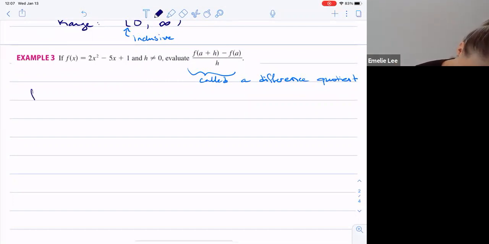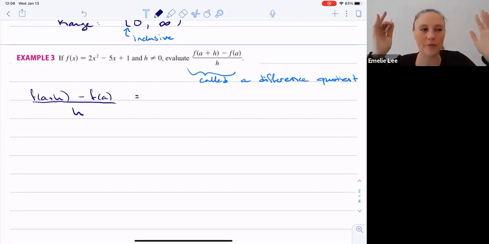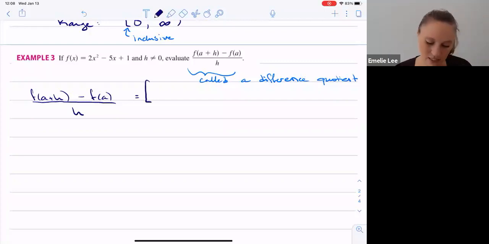So we want to have f of a plus h minus f of a, over h. F of a plus h, I'm going to block it off with big square brackets, just so visually I can see where everything is.